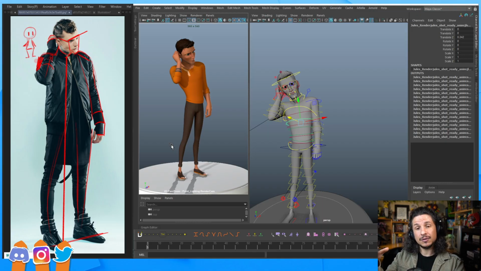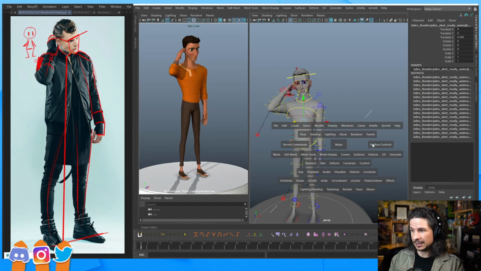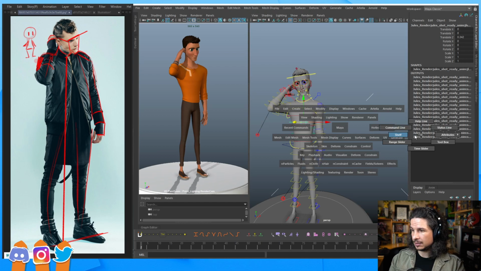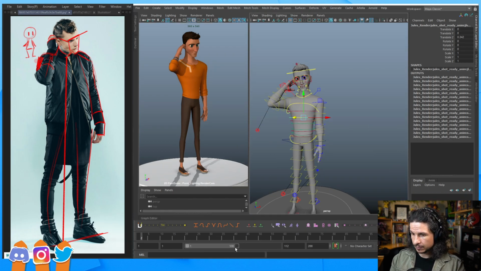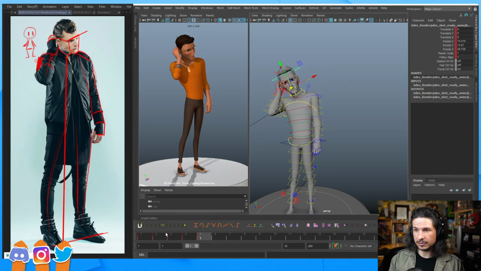And then from there, we refined it and polished it. And we can definitely see a difference between, let me make this a little easier, not time slider, range slider, that's what I want. So we can definitely see that difference between this pose and this pose.